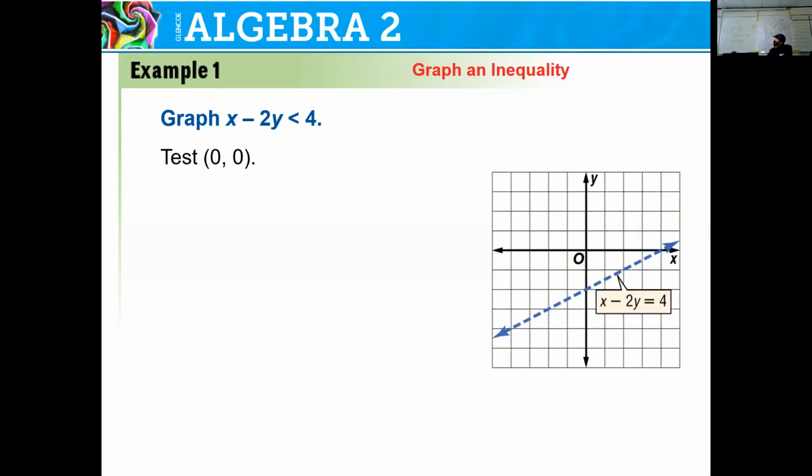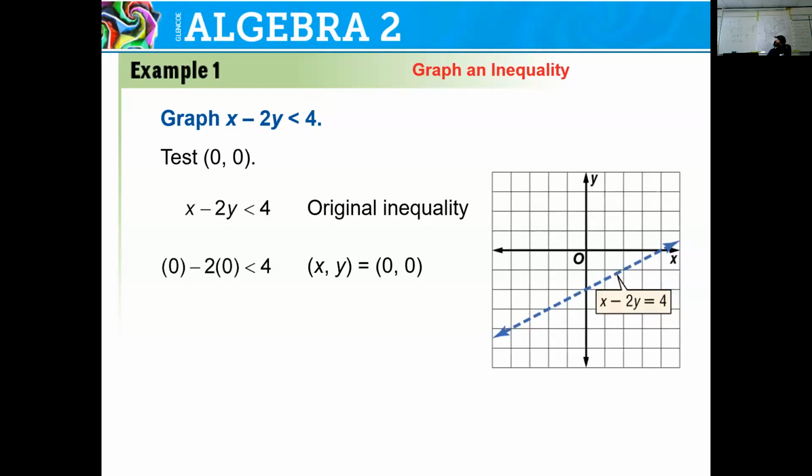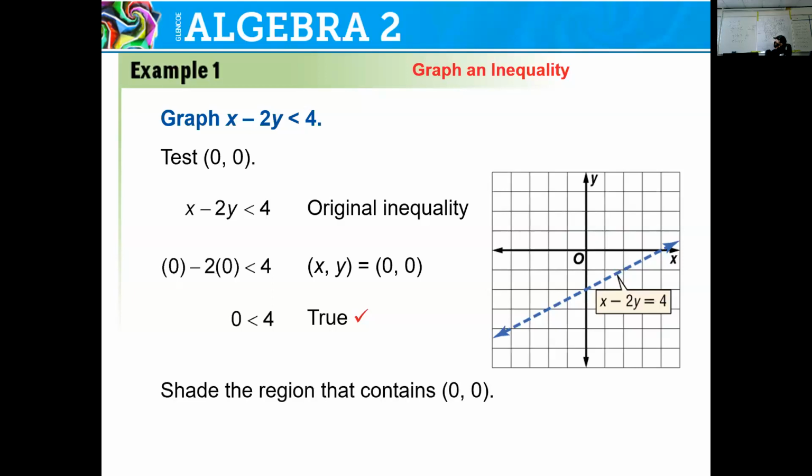Then they test 0, 0, plug it in, and you can see even when we plug it into the original inequality, it still works out. 0 minus 2 times 0 is going to be less than 4, so it's true. Once we find that this is true is when we would shade, and that's how we would present our answer, with the graph and the shading being done.